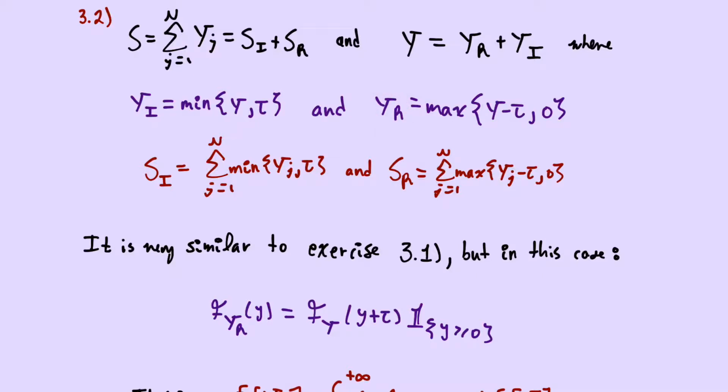To be more specific, the random variables that we are interested in are si and sr. In this specific case, it would be the sum from j equal to 1 to the random variable n, and the part of the insurance company would be the sum of these random variables yj, but for a specific reclamation, so it would be the minimum between yj and tau.